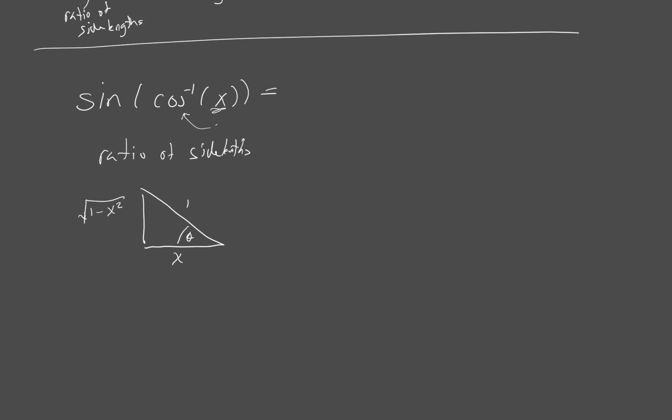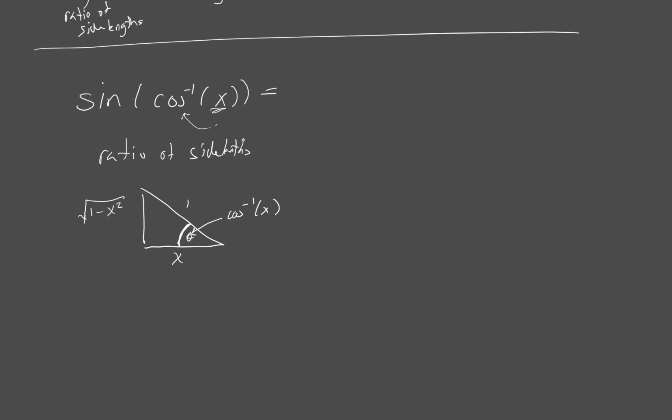And that makes this side the square root of 1 minus x squared, using the Pythagorean theorem. Now if I want to take the sine of this angle theta, which is my cosine inverse of x, remember the cosine inverse is the angle which gives me x as the ratio of adjacent over hypotenuse. So I've drawn the triangle and put in the angle where the adjacent side over the hypotenuse is x.